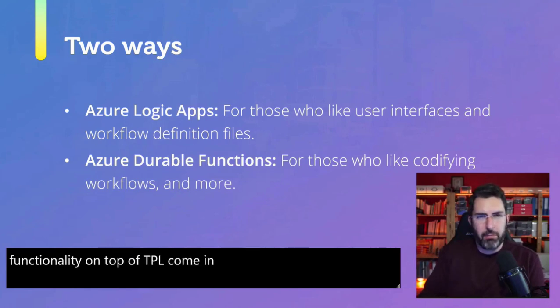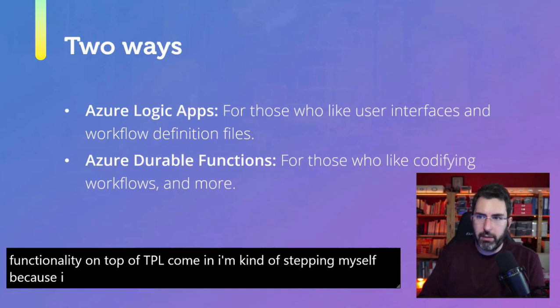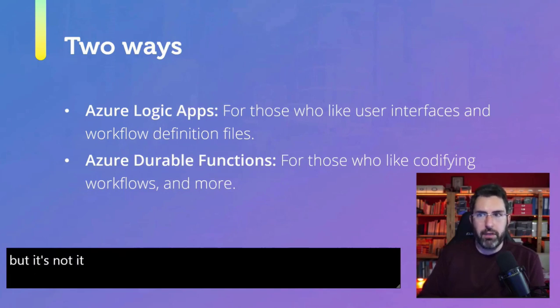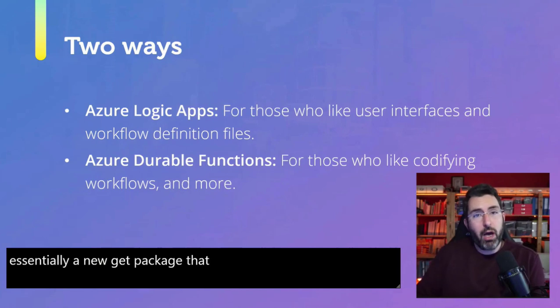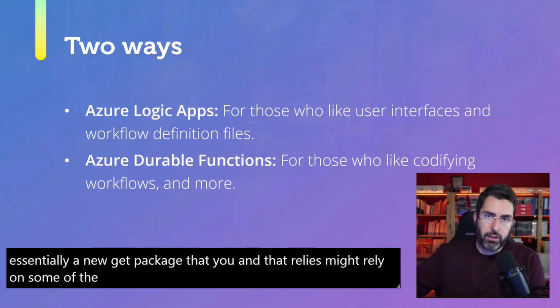I don't want to go very deep, but it's not a feature of the platform as a service, Azure Functions itself. It's essentially a NuGet package that you add that might rely on some of the underlying infrastructure services.